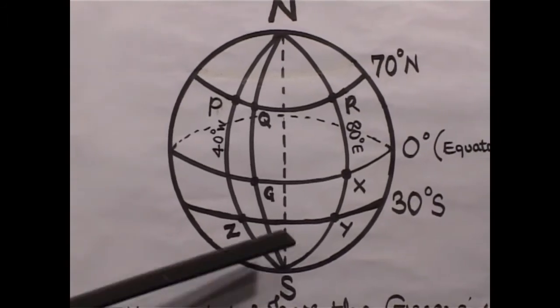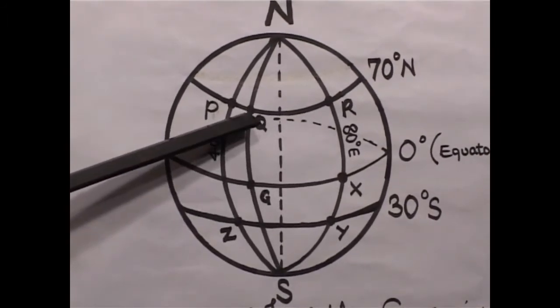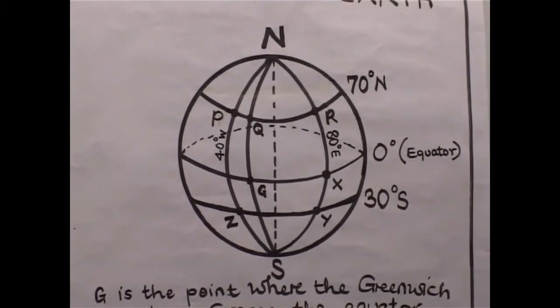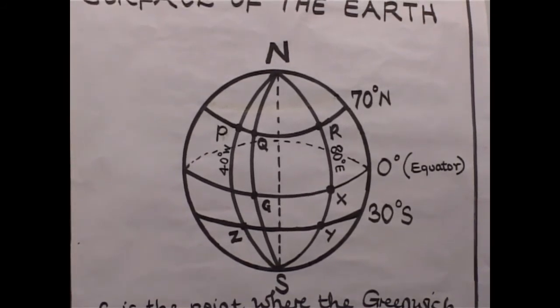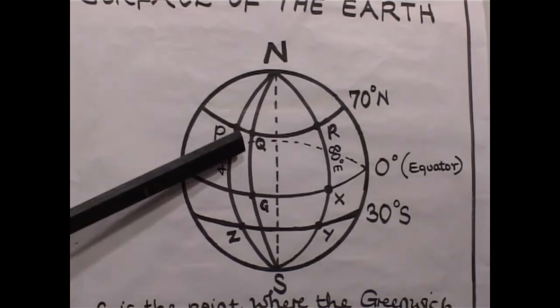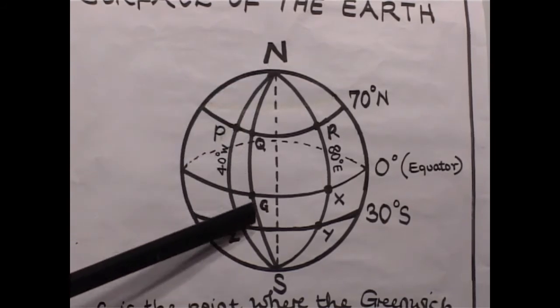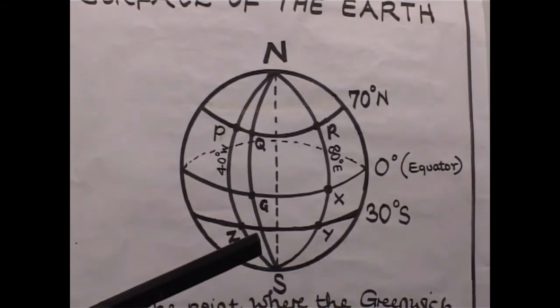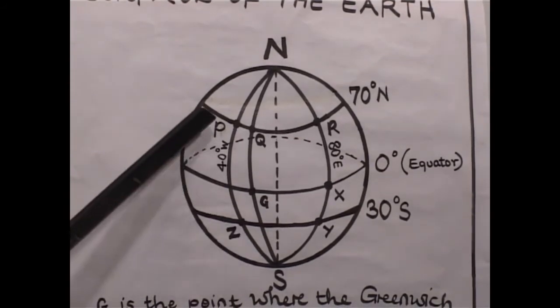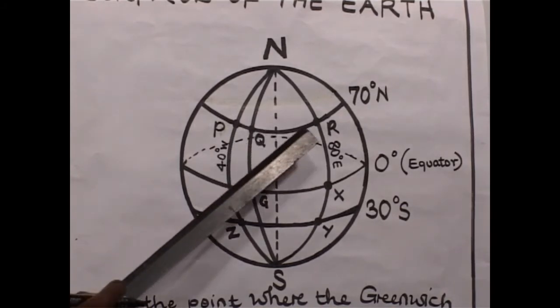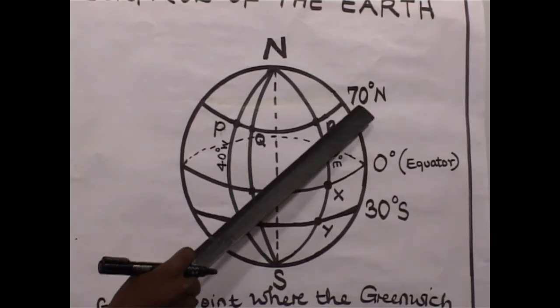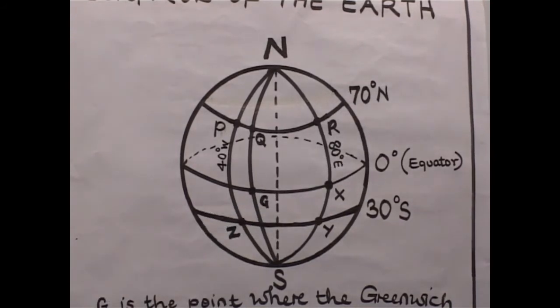The solution for the position of Q will be, from the information given, we've been told that NQGS is the Greenwich meridian, and we know very well, as we can see from the chart, that Q as well lies on the same latitude just as P, which is 70 degrees north.